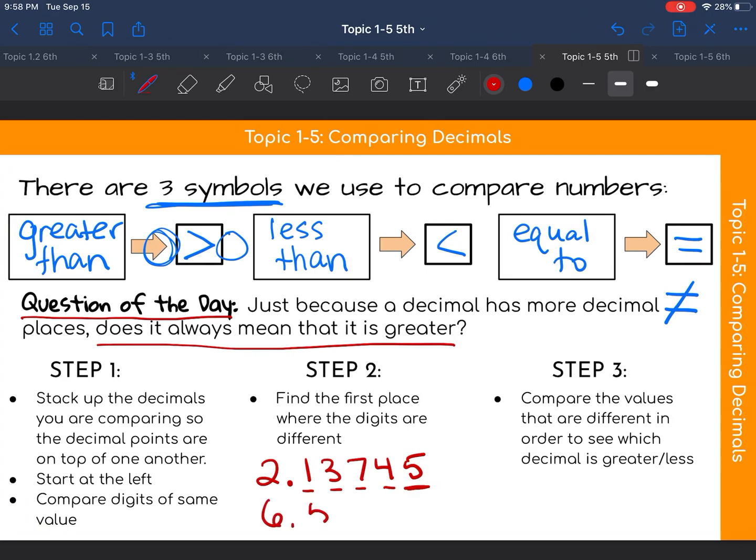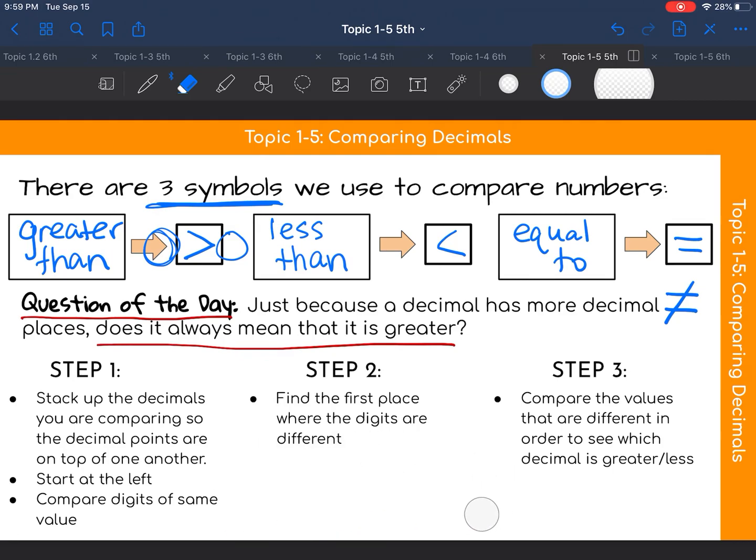But this decimal has 1 decimal place. So does that mean that if this decimal has 5 decimal places, it's greater than that decimal? That's what our question's going to be today. All right, so we're going to see if that's true or not.